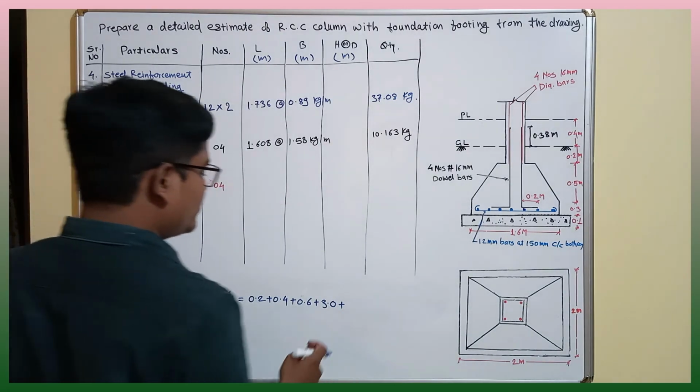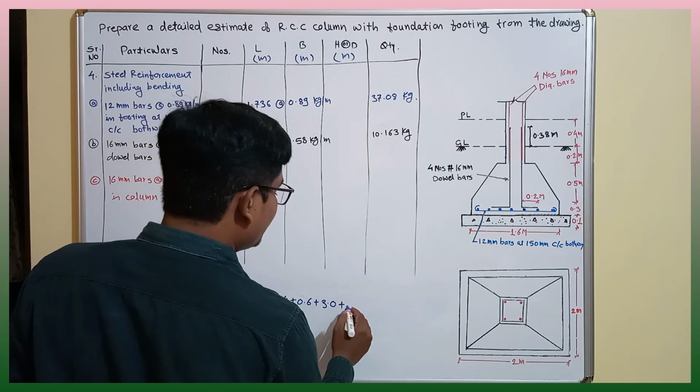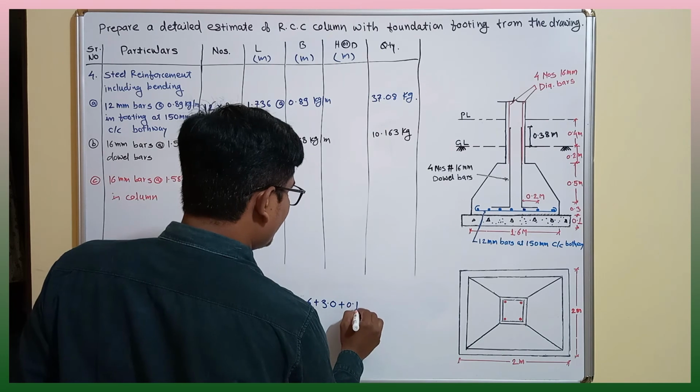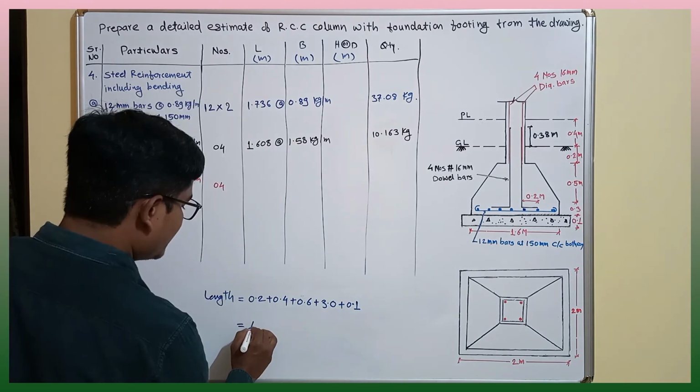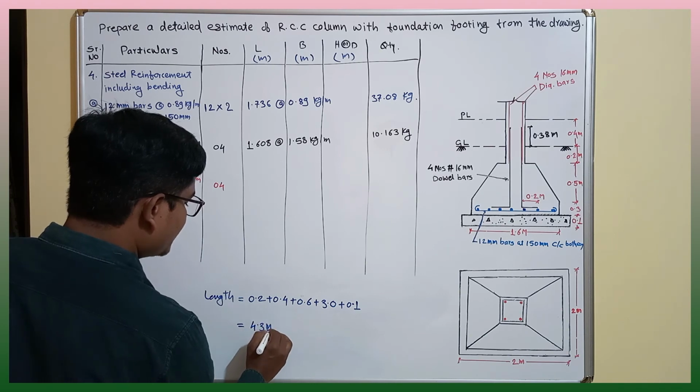So directly I will assume that one, that is 100 mm. So I will write here 0.1 meter. It will be 4.3 meter.